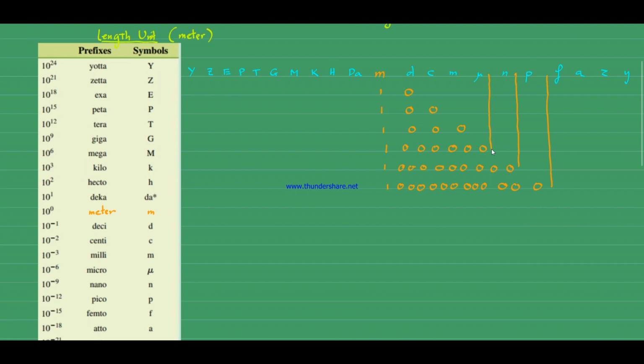So what is the relation here? The relation you can get out of this table is this. 1 meter is 10 decimeters. 1 meter is 100 centimeters. See, 100. 1 meter is 1,000 millimeters. 1 meter is 1 million micrometers.